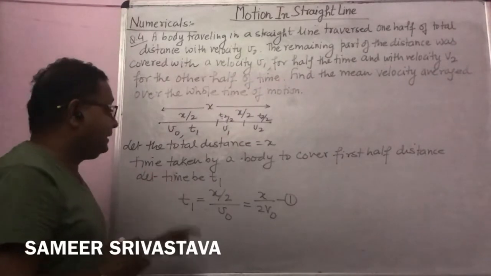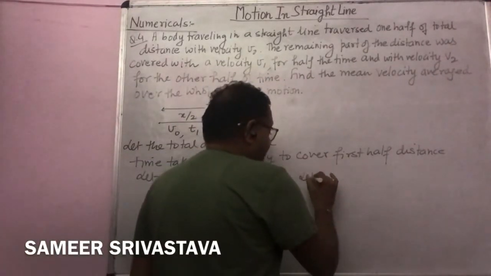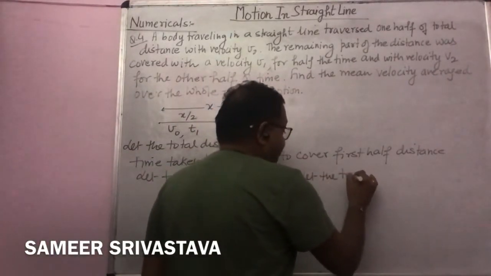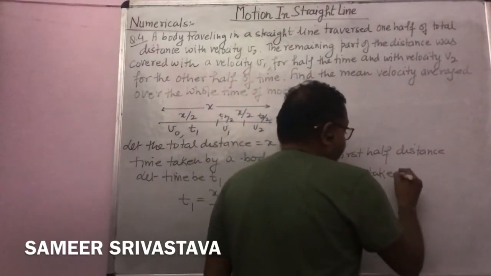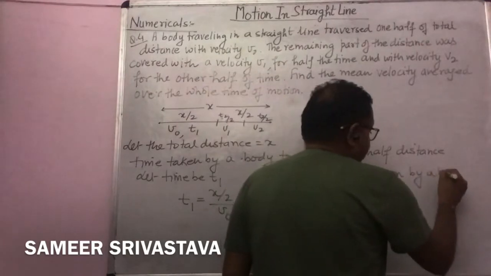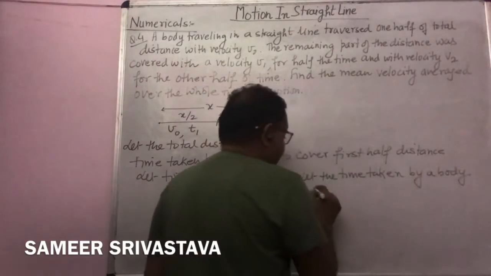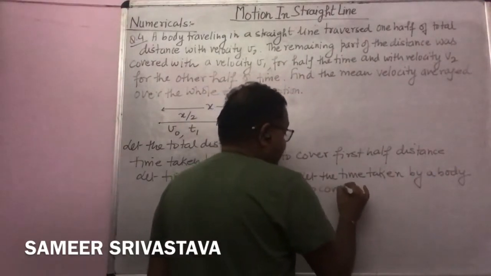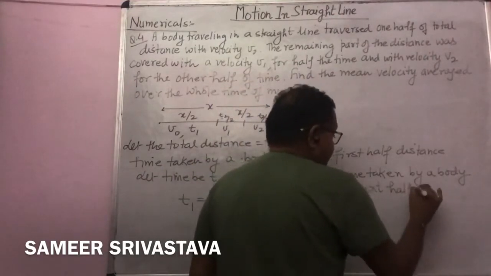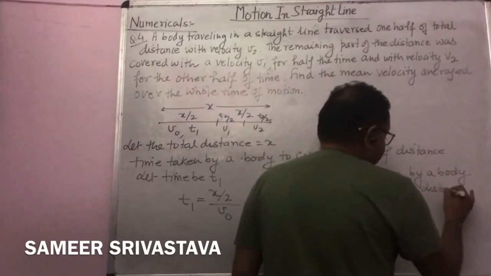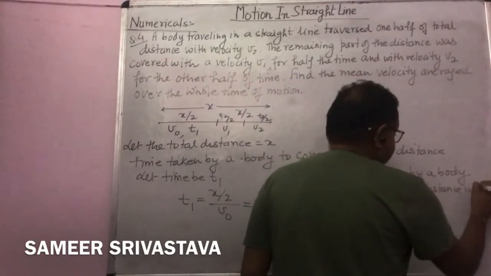Again, let the time taken by the body to cover the next half distance be t2.